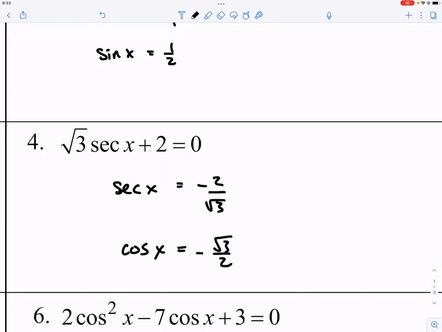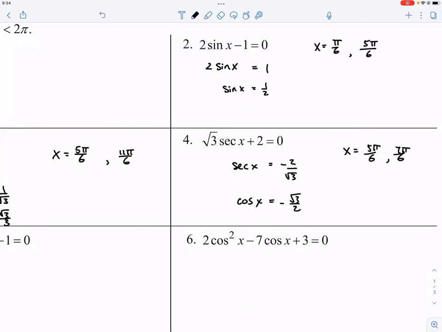So secant x becomes cosine x, and the right-hand side will just be the reciprocal. Then I consider my x values: what x value would give me cosine x equals negative root 3 over 2? 5 pi over 6 and 7 pi over 6, quadrant 2 and quadrant 3. If you have all those values nailed down, you would enjoy this process very much.